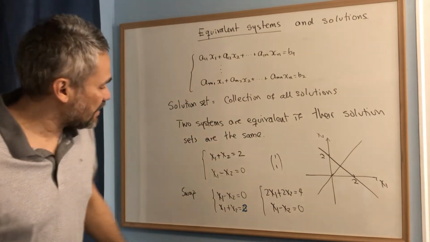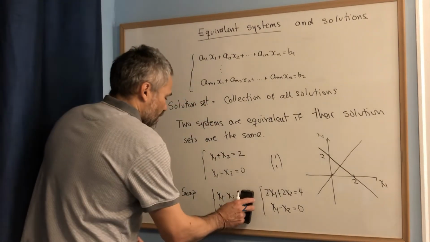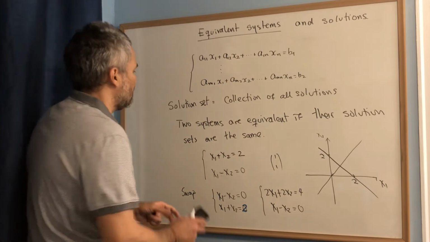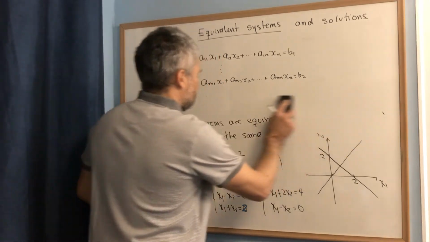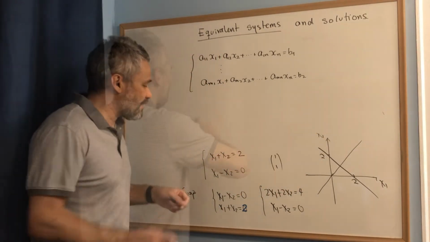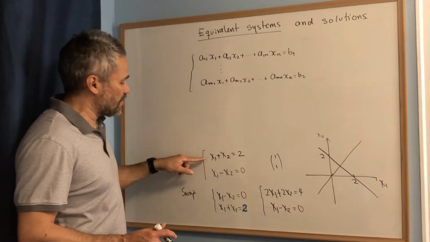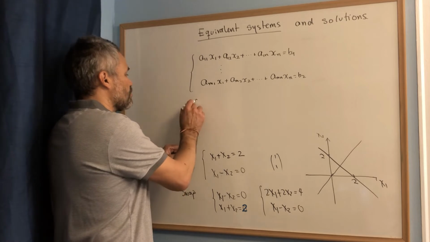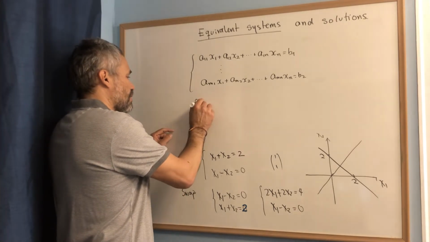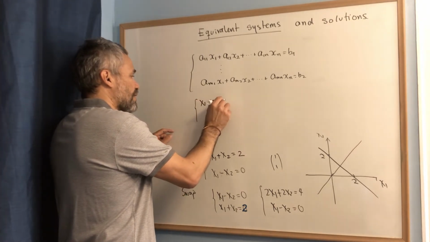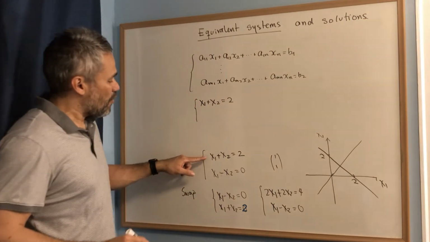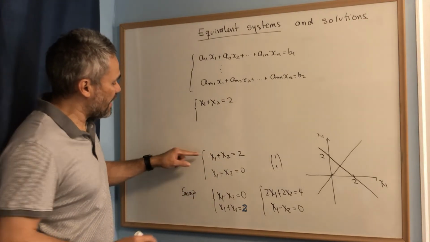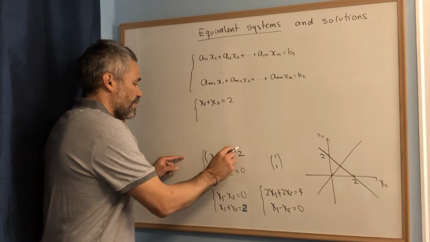The third thing that we can do to the system is we can pick one of the equations, and we're going to keep that equation, but we can multiply that equation by any number.